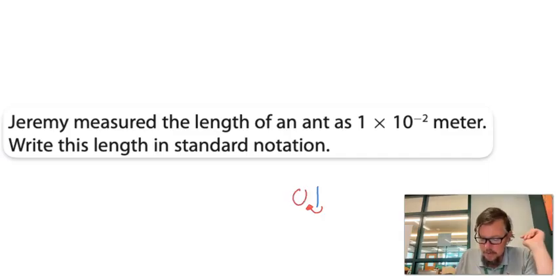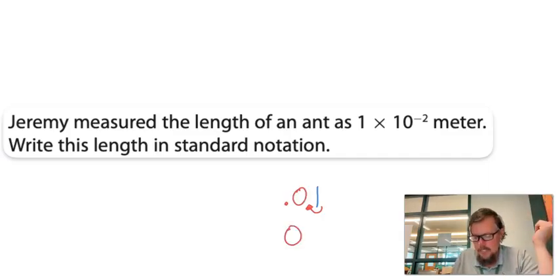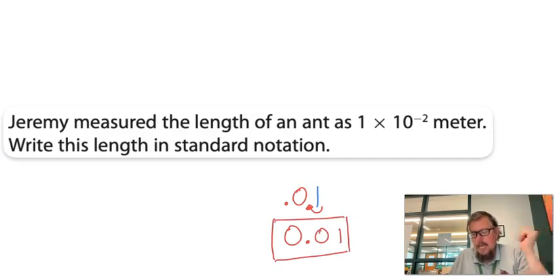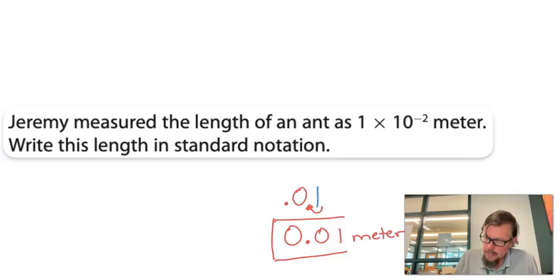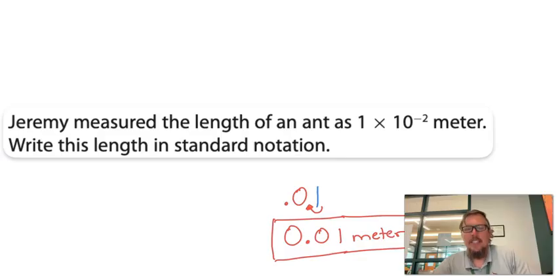So we put a 0 here, and there's our decimal. So as we expected, 0.01. And oops, since this has a unit, we better put our unit on there. 0.01 meters, or 1/100th of a meter, is what the length of the ant is.